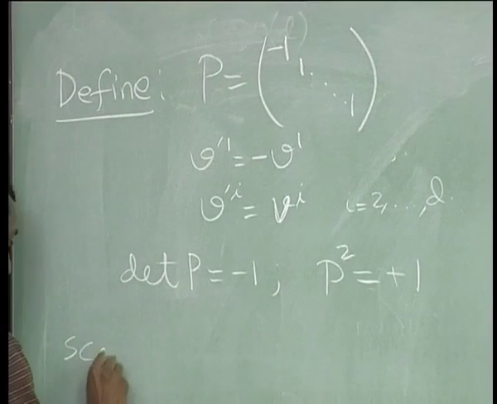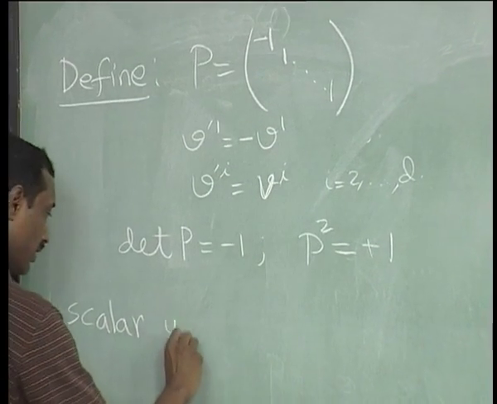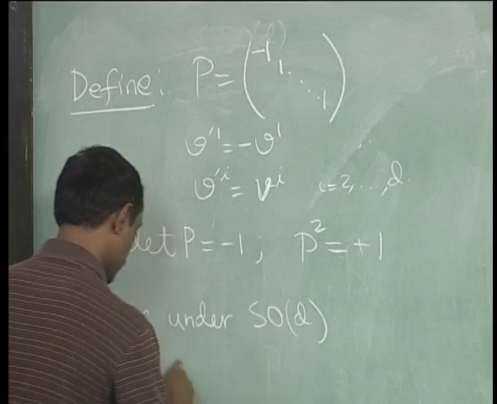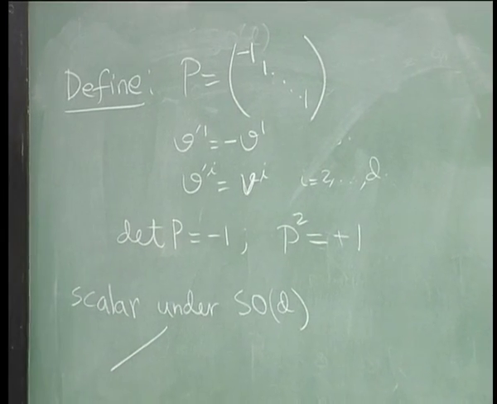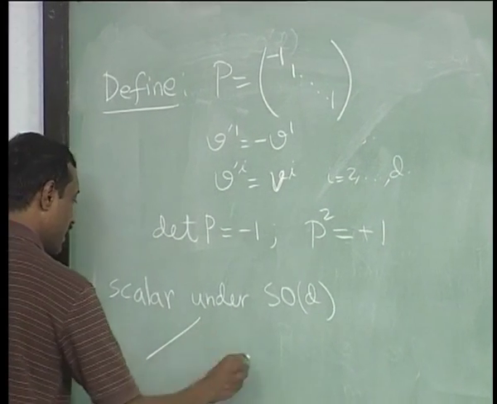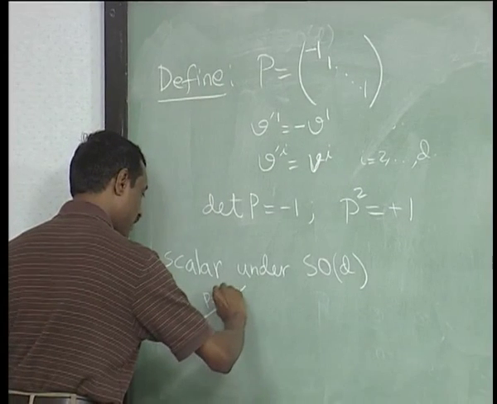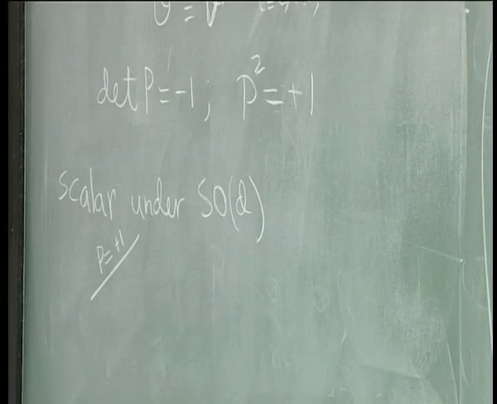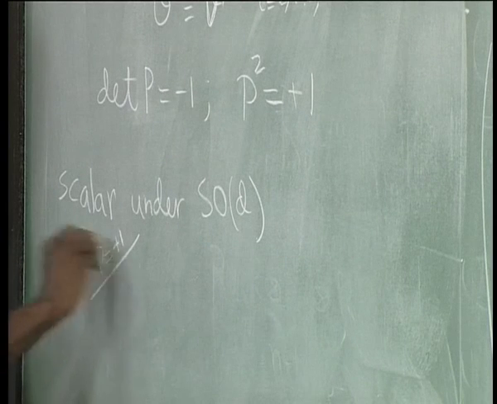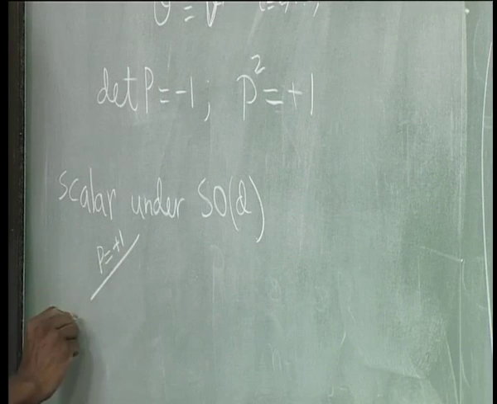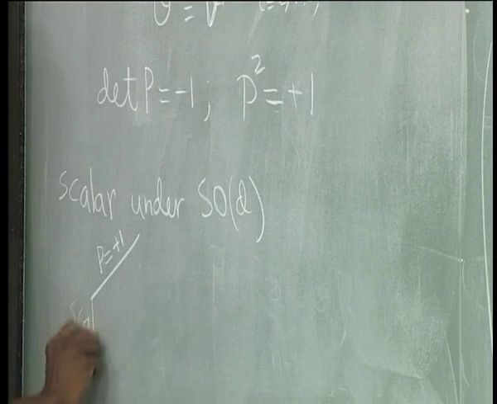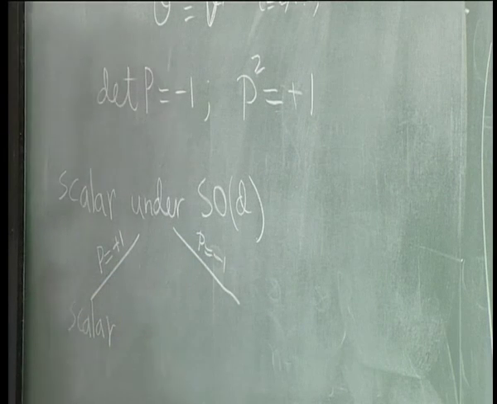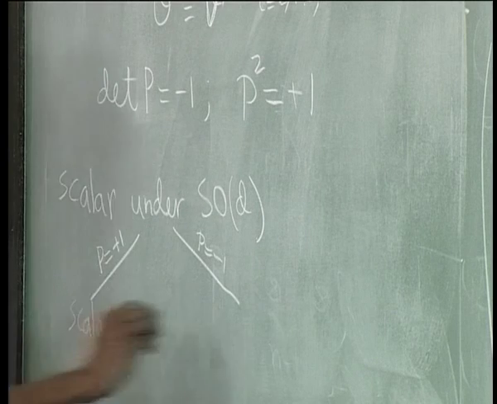So if you give me a scalar under SOD, okay, we break it up into two parts. I am specifying here the eigenvalue of P. If it breaks up into P equal to +1, we call this a real scalar, but it could change sign, and we will call that a pseudo scalar.